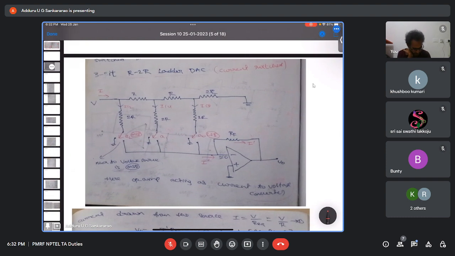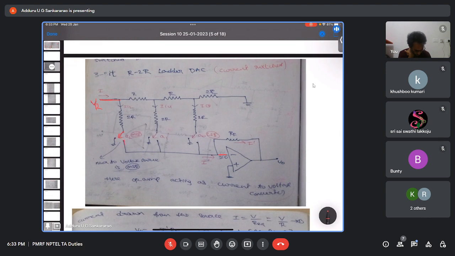Now in the current switch DAC, this kind of arrangement will be there. It is a voltage source only, some reference voltage, and it is connected at the non-inverting terminal. So this is the arrangement. If a particular bit is 1, then it is connected to this one.